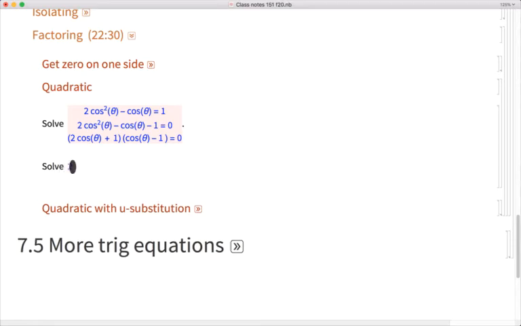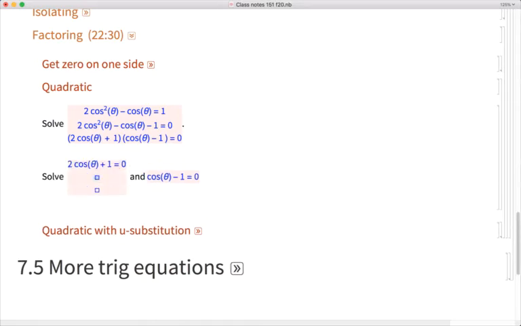Okay, so again, the idea of the factoring is now that we've got a factored expression set equal to 0, we wind up with 2 separate equations that we solve independently. Neither of these is basic, but in very short order we bring them into basic form with just a minimal amount of algebra effort.